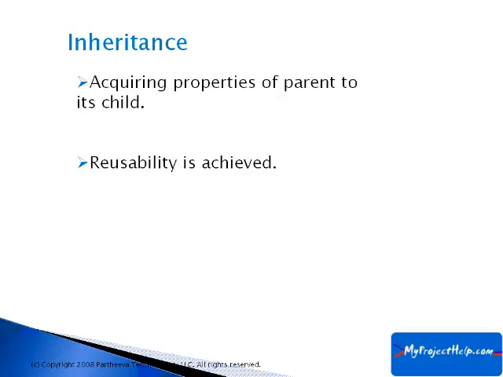So there are two classes, class A and class B. Class A has addition of two numbers and class B has multiplication of two numbers. Now, there is another class called C, where I need both the functionalities to be present.